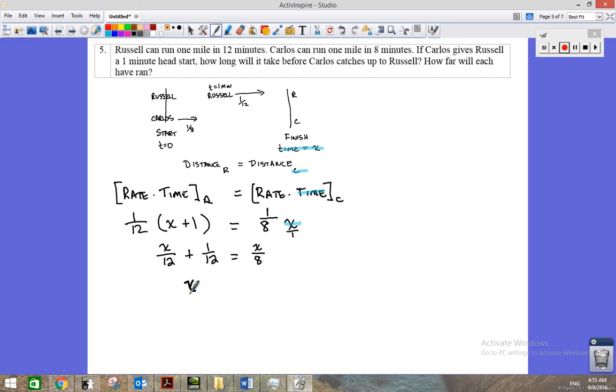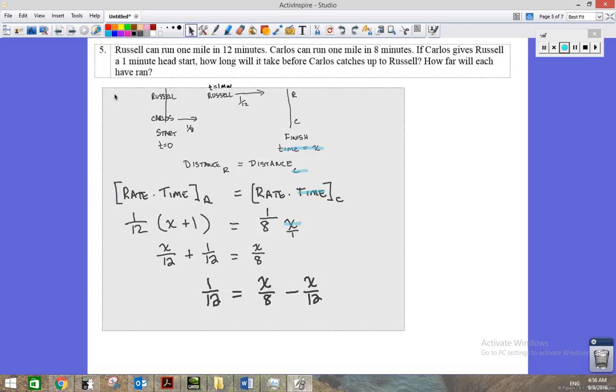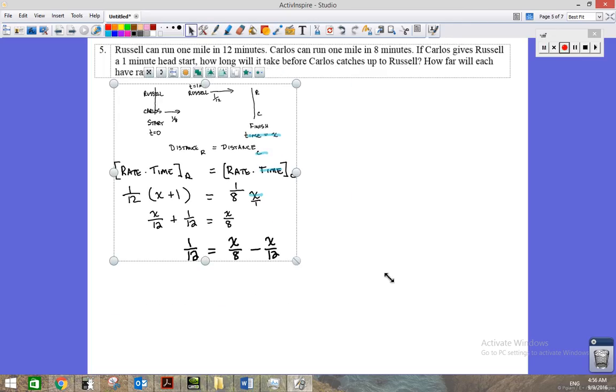x over 12 plus 1 over 12 equals x over 8, so we have x over 8 minus x over 12. 8 and 12 have a common denominator of 48.